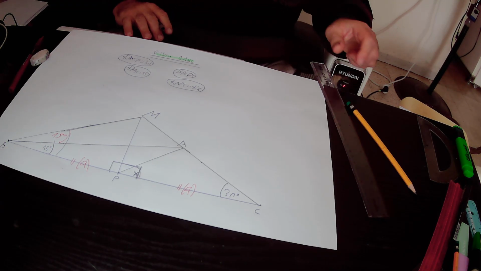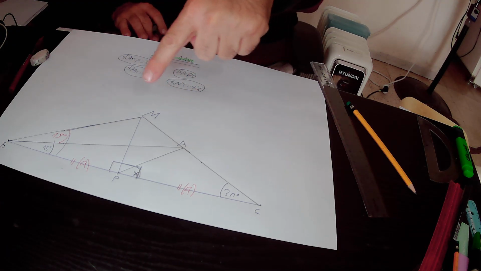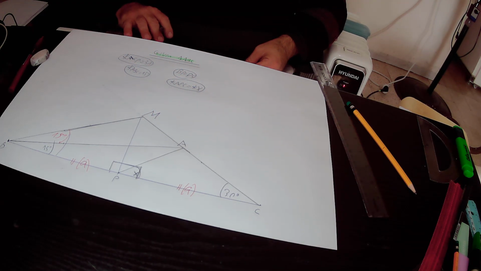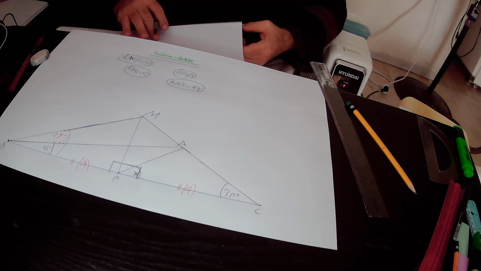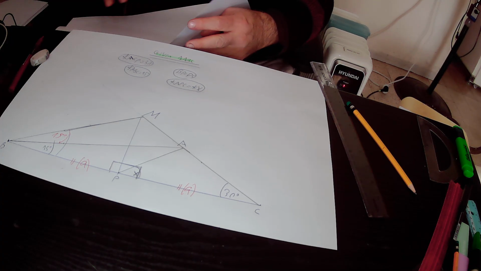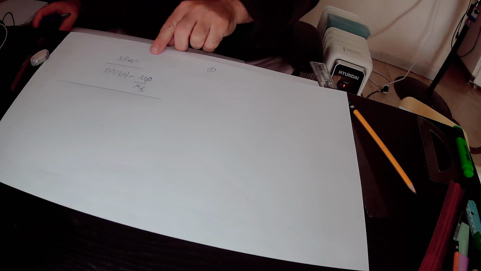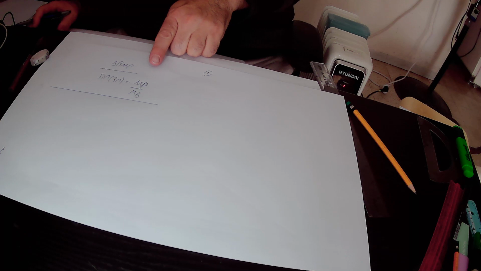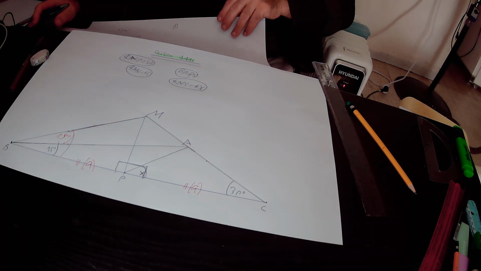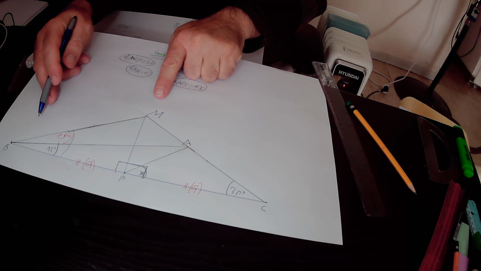Again, in this right triangle BMP, sine 30 degrees equals MP over MB. We define the length of the hypotenuse MB as 2B.